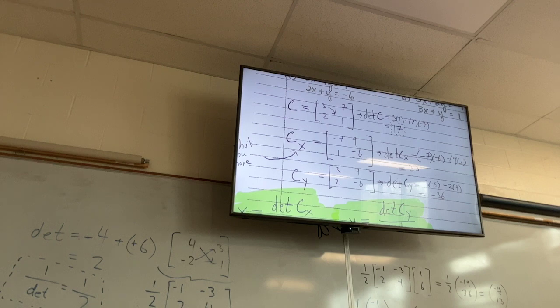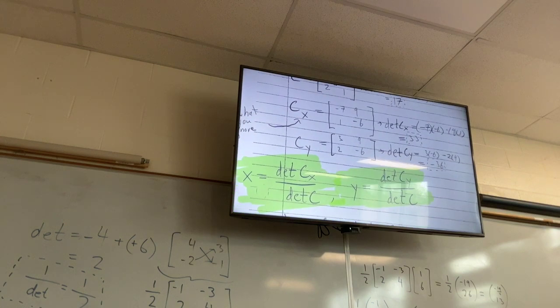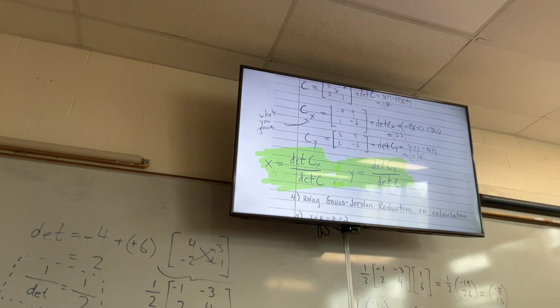Okay, so these are important numbers, right? So if x is det C sub x over det C, then x equals 33 over 17. And then y is going to be negative 36 over 17.